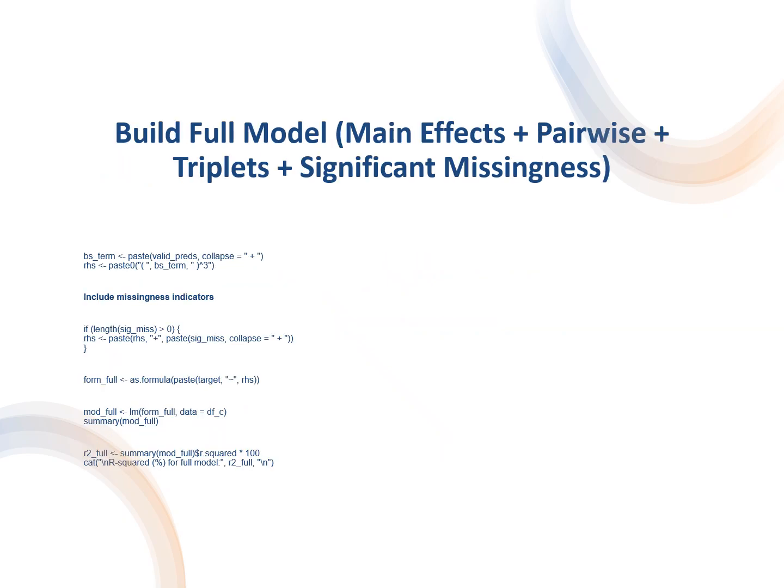Next, building the full model. If you see in the slide, I created the full regression model. It includes all individual body system predictors, all pairwise two-way interactions, all three-way interactions like triplets, and significant missingness indicators from earlier steps. This model helps us capture both simple and complex relationships between the variables.